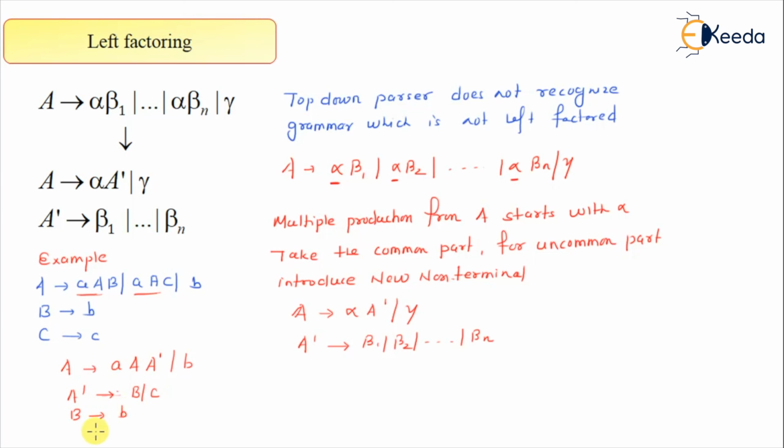The reason is it's not violating any property. So now we can say that this is a left factoring of this grammar. So this is the grammar, and now this is left factored.